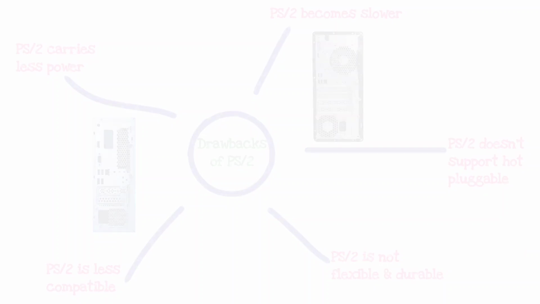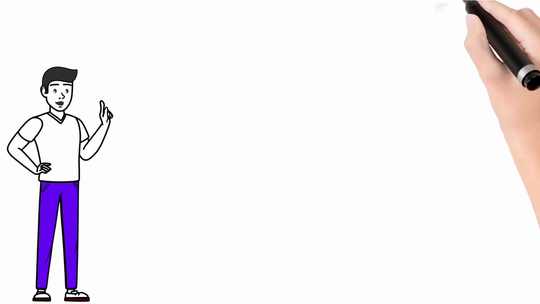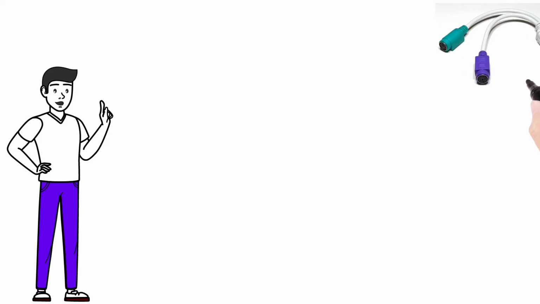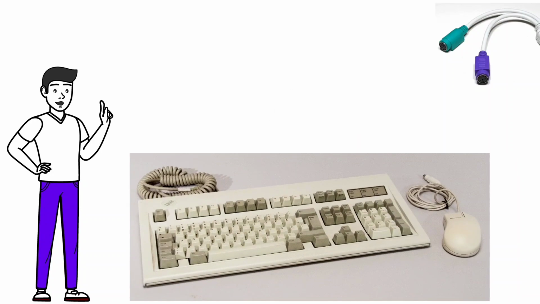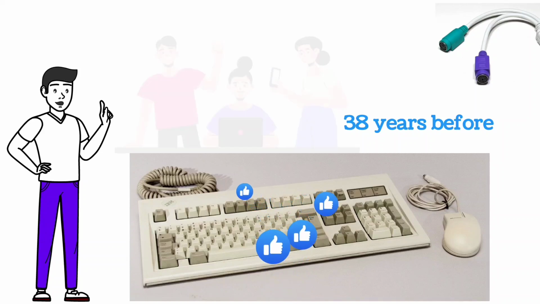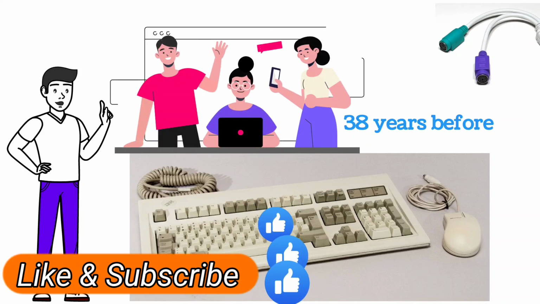But one thing we have to accept is that although PS2 is getting older and not used anymore, once upon a time it was the only connector to connect the mouse and keyboard to the computer. Although it was designed in the year 1986, almost 38 years from now, still PS2 mouse and keyboard were the favorite mouse and keyboard for the gamers for many years.